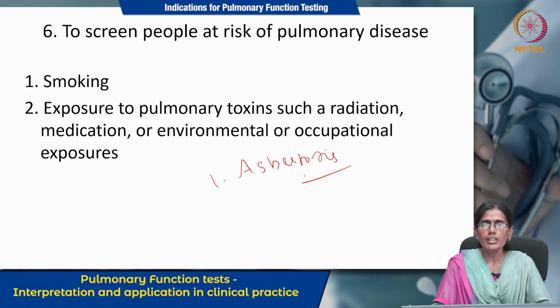We must have heard about asbestos sheets. This leads to asbestosis. It produces interstitial lung disease. It produces so many other manifestations, but we are more worried about ILD. So how will you assess ILD? We know we do spirometry followed by lung volume assessment and DLCO.